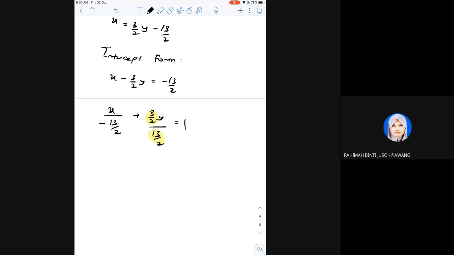Macam mana ni? Okay, 3 over 2 divides by 13 over 2. Okay guys, this is equivalent to 3 over 2 multiplied by 2 over 13. Am I right? Can you follow me? Okay, so and you can get 3 over 13.